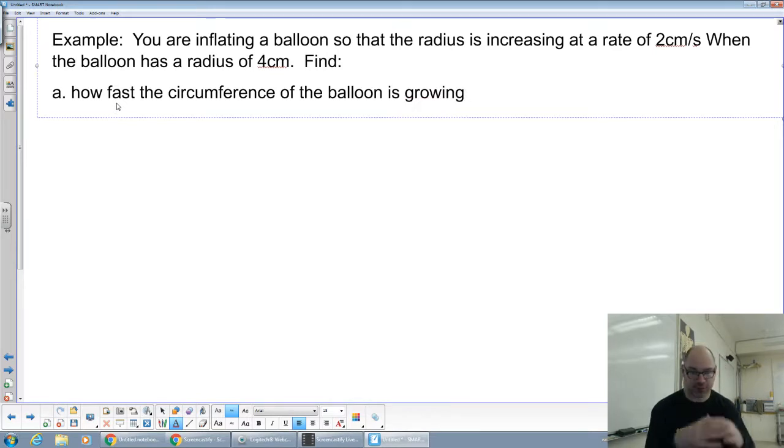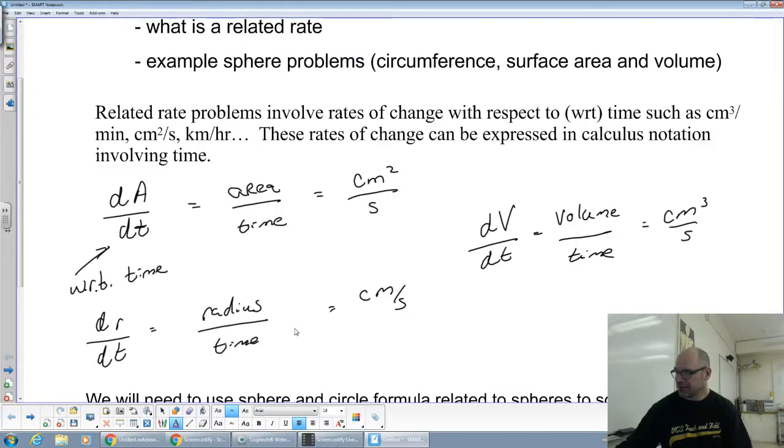So circumference will still be a measurement. Okay, now we didn't put a circumference one on the last one, dc dt, right? I didn't put dc dt here for circumference, but we could use it, right?